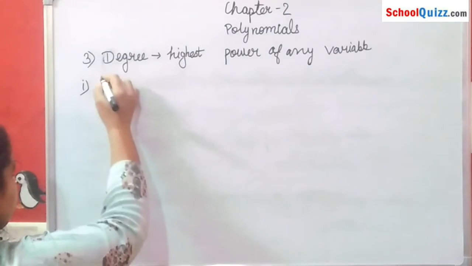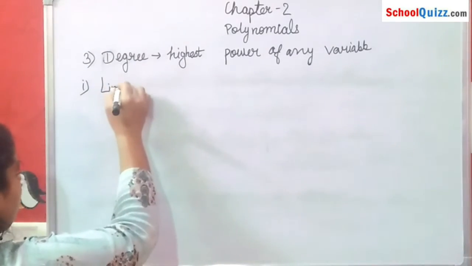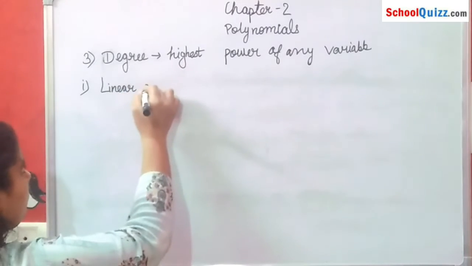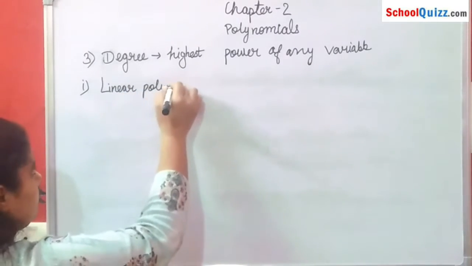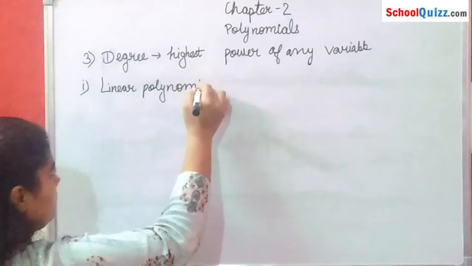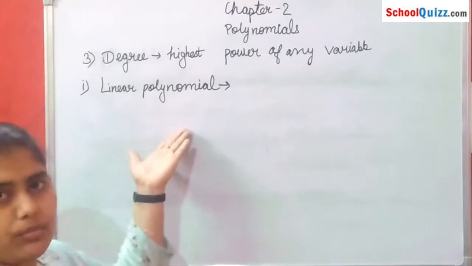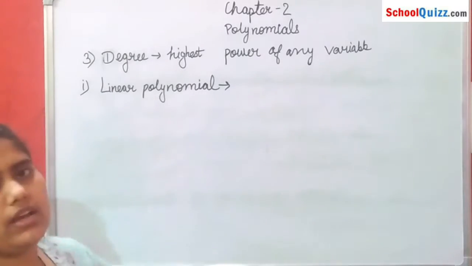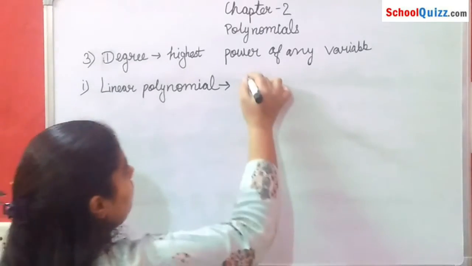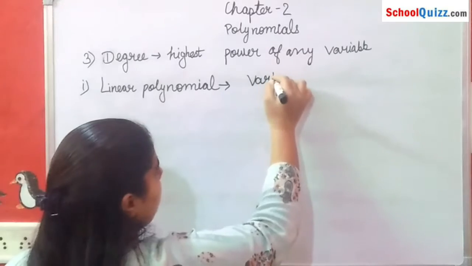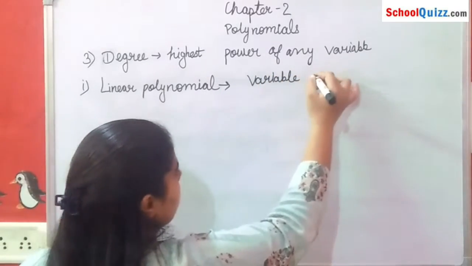First one is linear polynomial. In a linear polynomial, the variable has degree only 1. Variable की डिग्री only क्या होगी? 1 होगी.